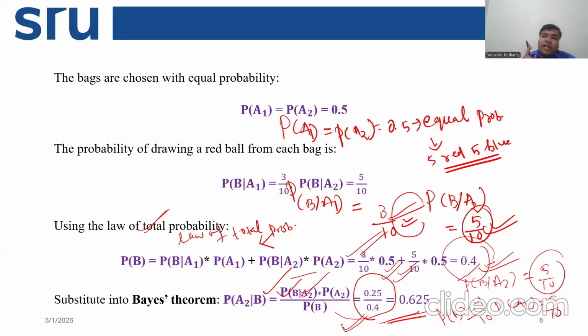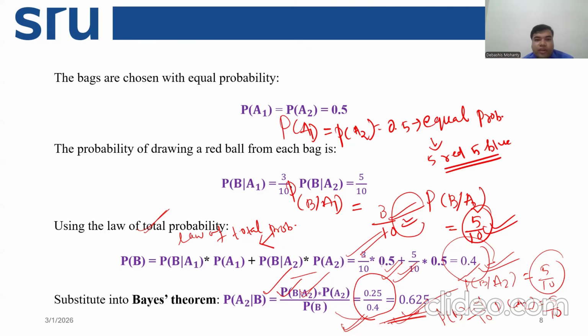So choosing the red ball from bag 2 is the probability of A2 given B. We get that value using the Bayes formula: the probability of B given A2 multiplied by the probability of A2, divided by the probability of B. Finally, we are getting this value 0.625.